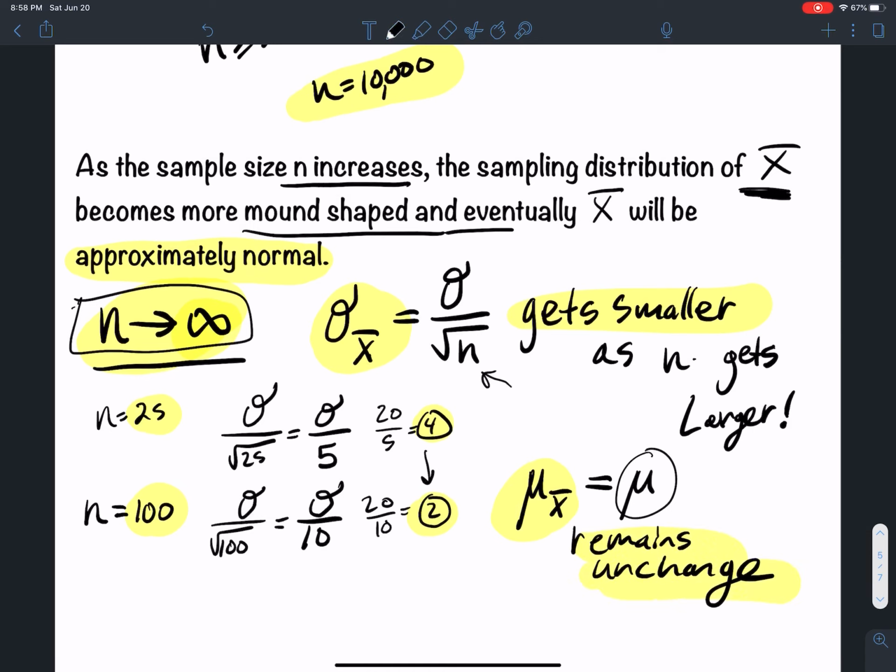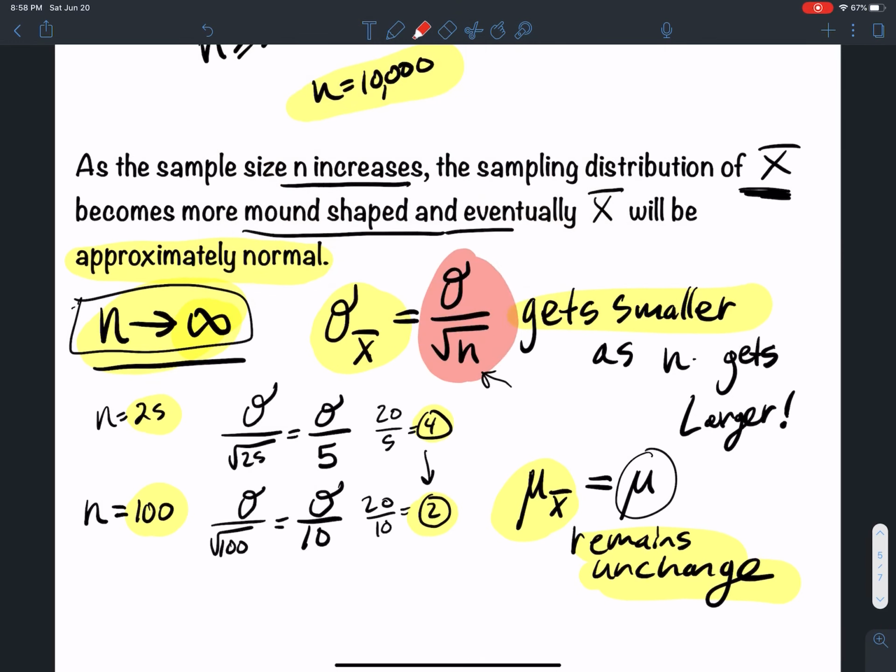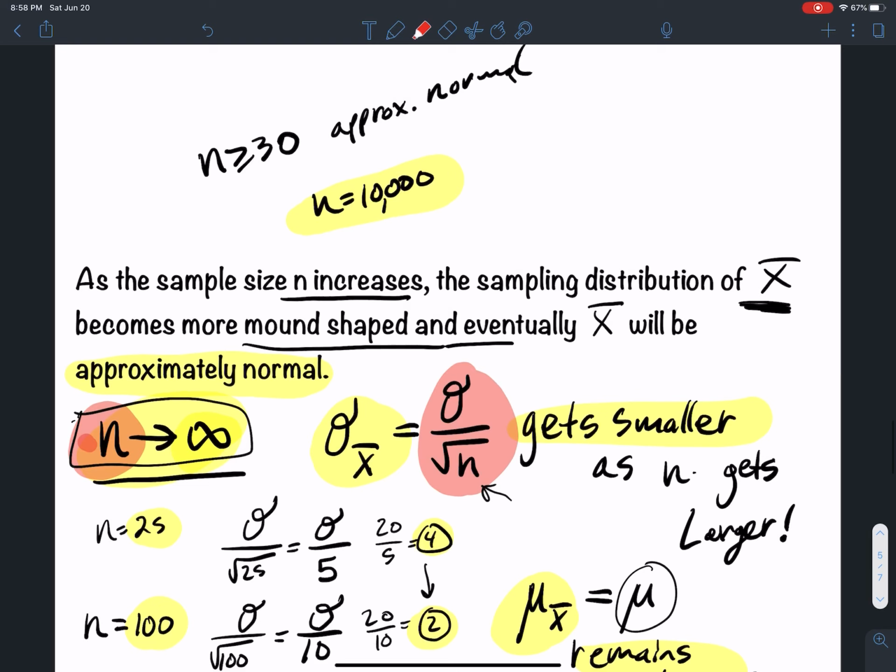How I want you to think about why this intuitively makes sense: think of n as the amount of information you have. Say we go out and ask 30 people, what do you think about ice cream? Do you like it, yes or no? That's going to give some good estimate of the public opinion of ice cream in Angelina County.